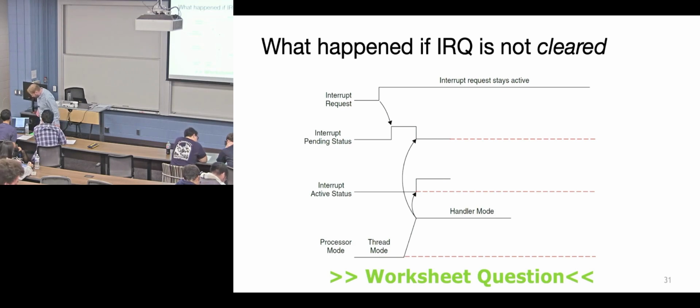When it exits handler mode, then pending is going to be reasserted, or the active can be reasserted. It's no longer active. So what happens if it doesn't know it has to exit?